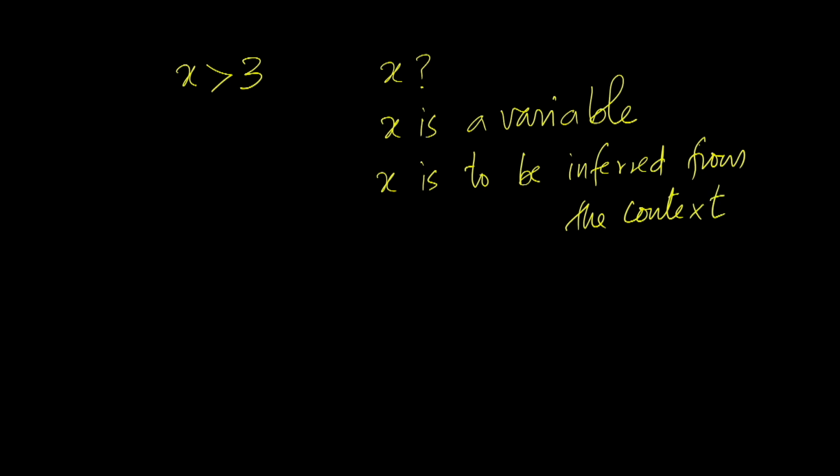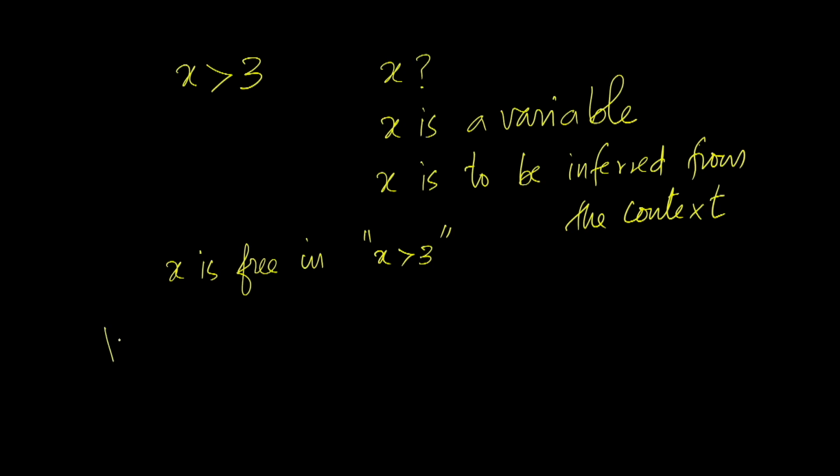So in that sense, x is like a pronoun in English. We say that x is free in the statement x greater than 3. The occurrence of x is free in x greater than 3.